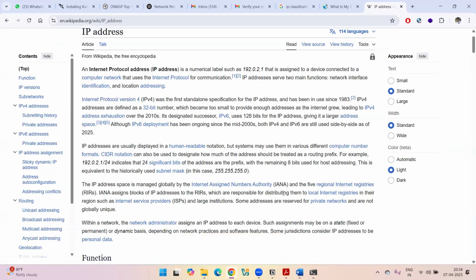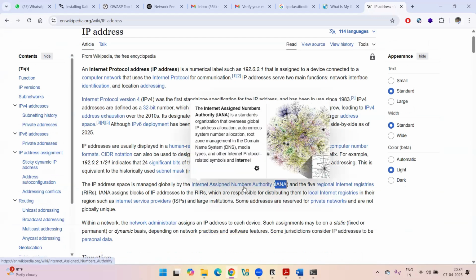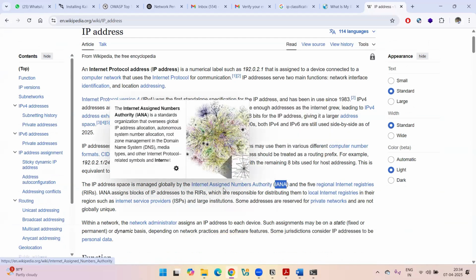Okay, so we need to read it. Yeah, IANA, sorry, Internet Assigned Numbers Authority. I forgot this.